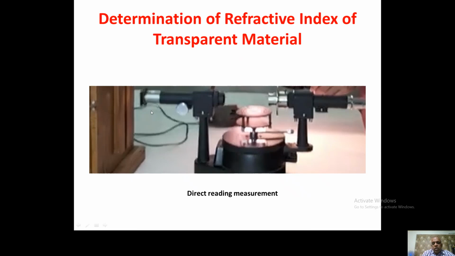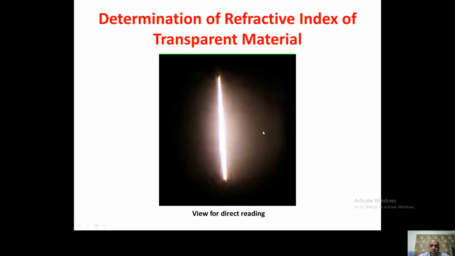we must write down a direct reading. How do we find the direct reading? See here, this is a monochromatic source of light. It passes through the slit of the collimator and is seen directly through the telescope. Whatever reading is obtained in window 1 and window 2 is called the direct reading. This is the view of the slit for the direct reading.